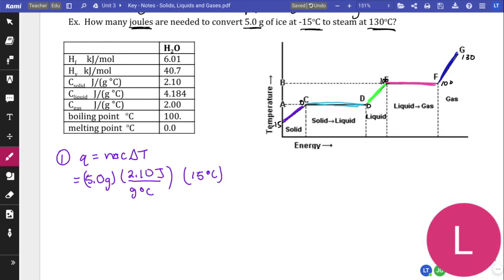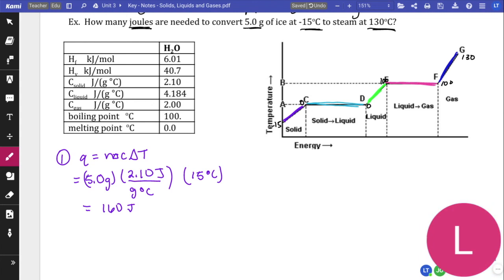I'm going to plug that into my calculator. And sig figs are important here, so check through. Remember when you're multiplying, you always use the fewest number of sig figs. For us, our 5.0 has 2 sig figs, so our answer should have 2 sig figs. So I got 160 joules.